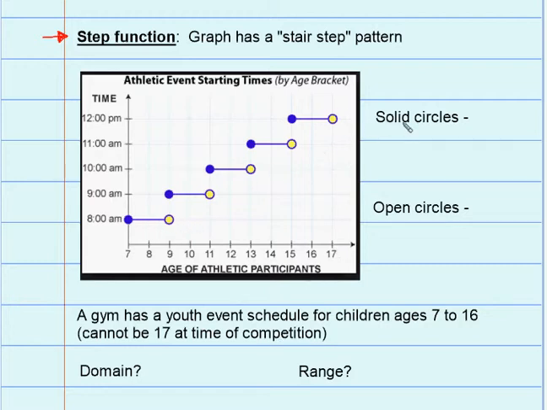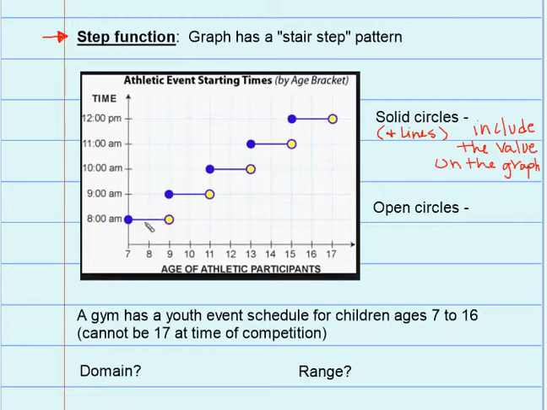Okay, so let's take a look at this. The solid circles and the lines include the points, the value on the graph. Okay, so let's look at this. So this point right here, solid circle, says that if you are 7 years old, you will start at 8 o'clock.